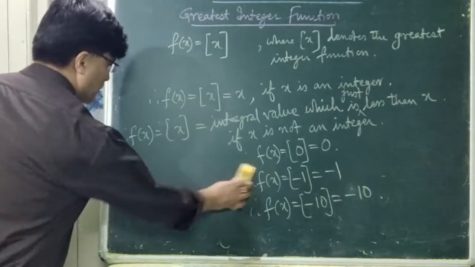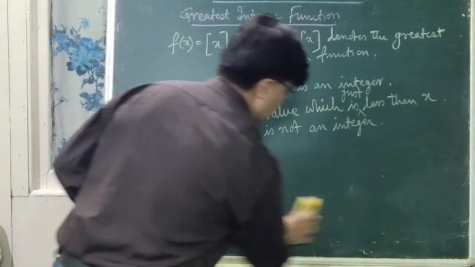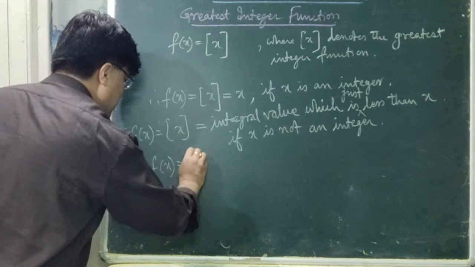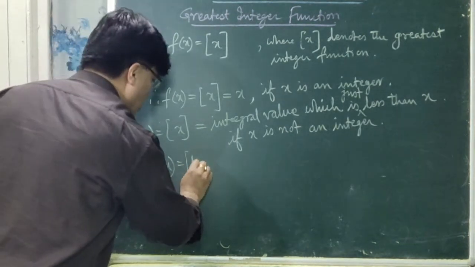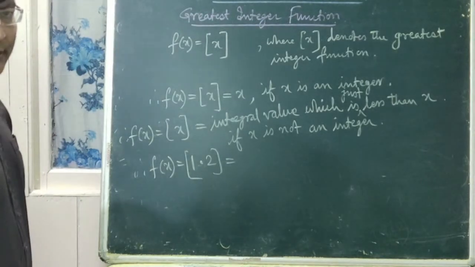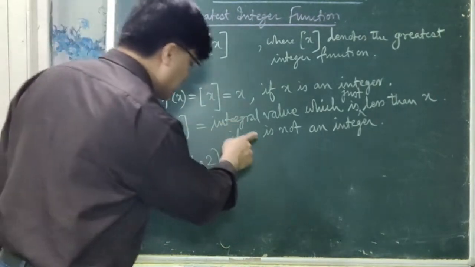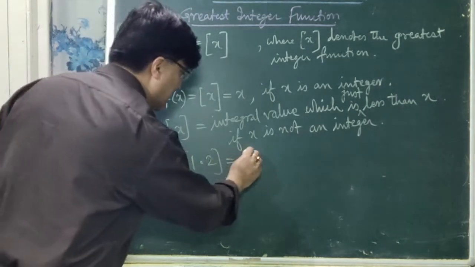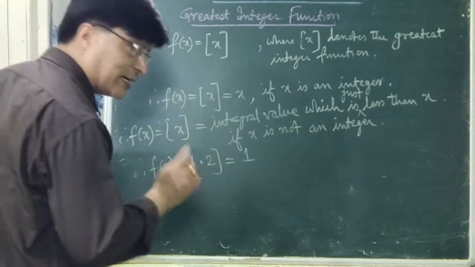Example: suppose x is not an integer, and you have f of x is equal to [1.2]. You have to write down the integral value which is just less than 1.2. That is 1. Is that clear?